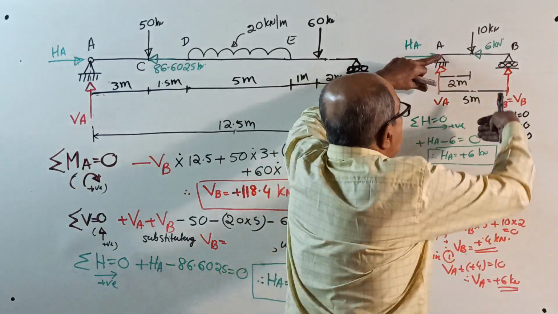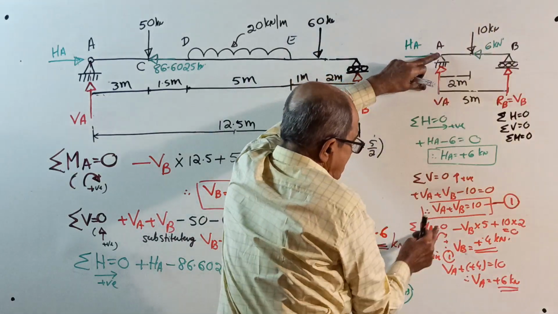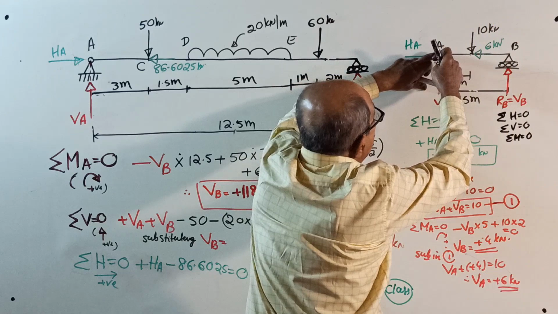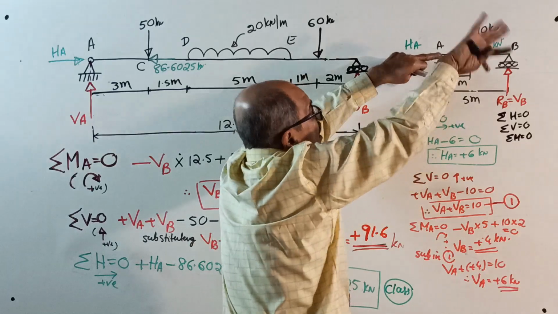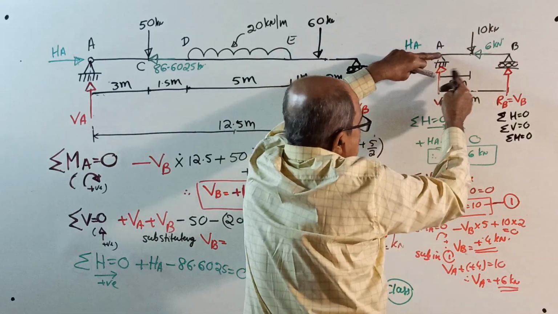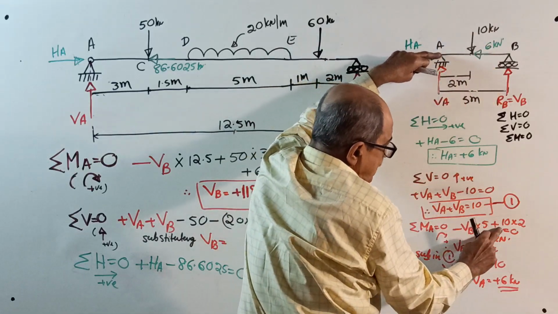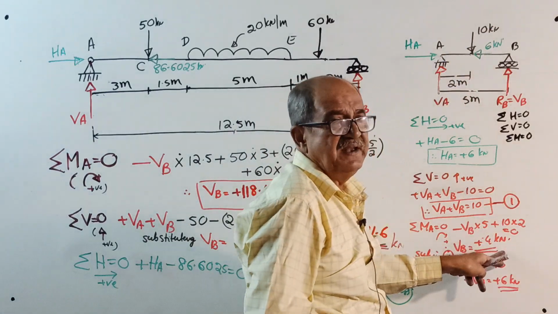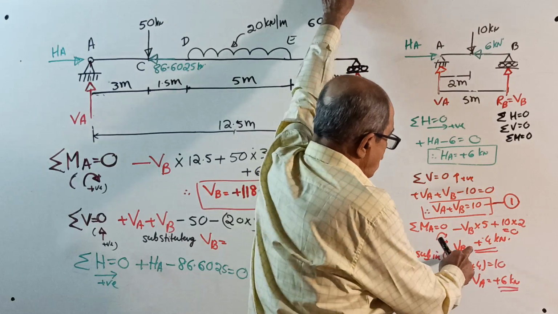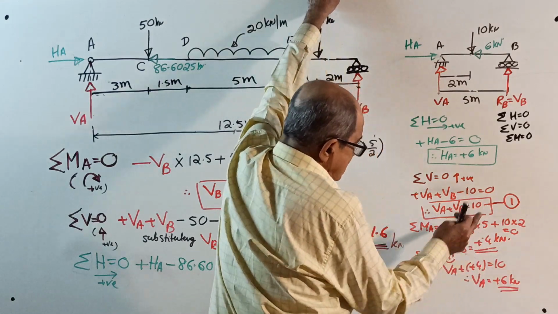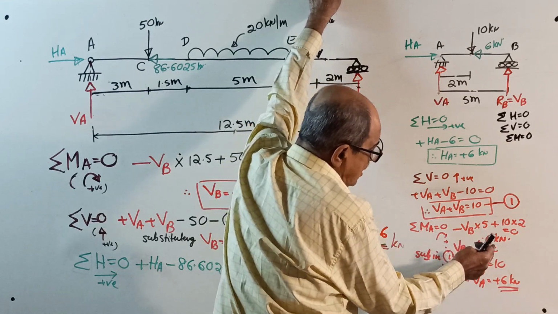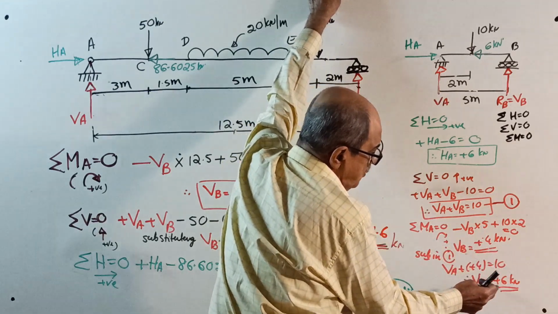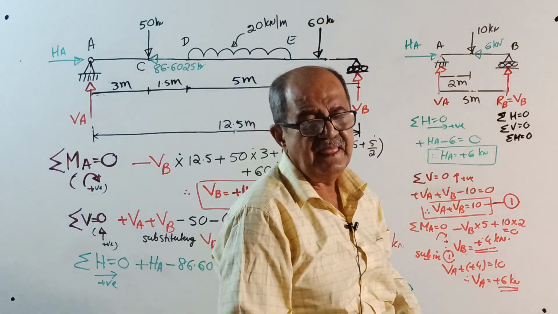So you get minus VB into 5, why minus, anticlockwise, plus 10 into 2 equal to 0. I will get VB equal to plus 4 kilonewton. Then substitute in 1: VA plus 4 equal to 10, VA is 6 kilonewton.